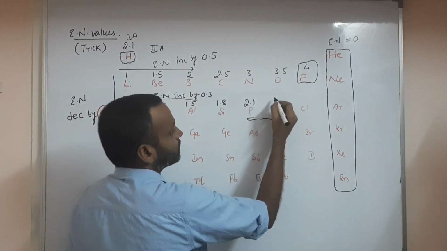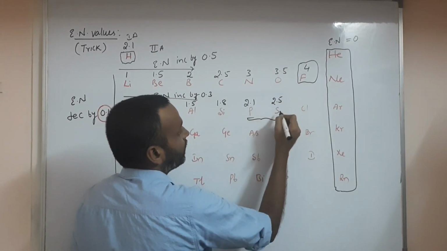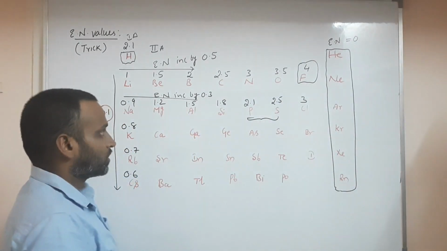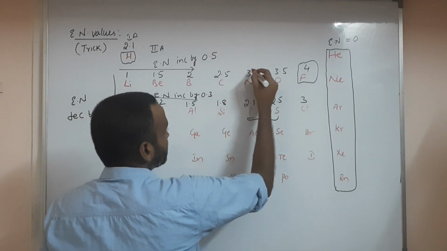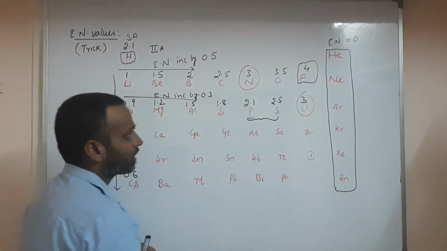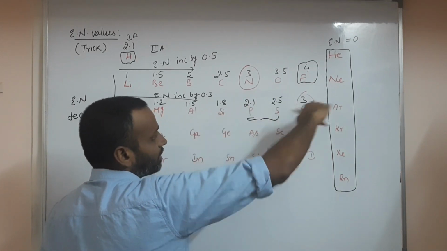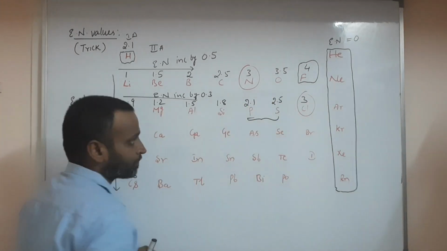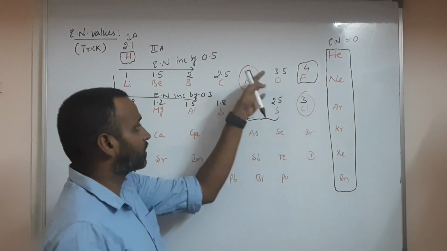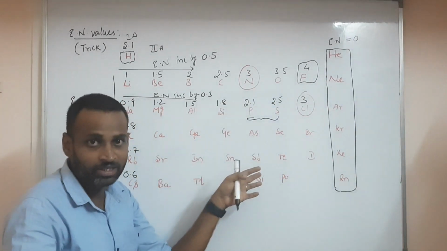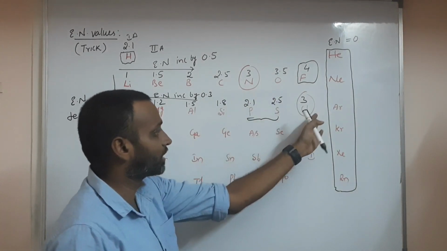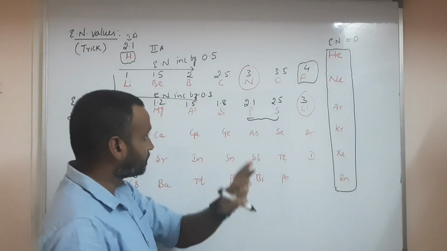So 2.1 plus 0.4 is 2.5, and 2.5 plus 0.5 is 3. Now no need to get confused. Nitrogen is 3, chlorine is 3. Then who is more electronegative? They are not in the same group, and chlorine is in the next period, so we cannot compare directly by trend.